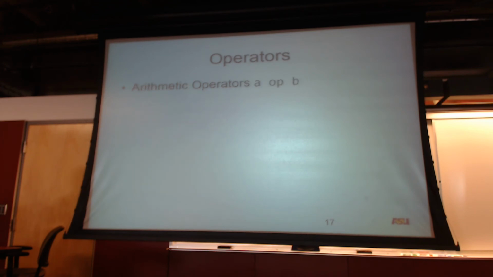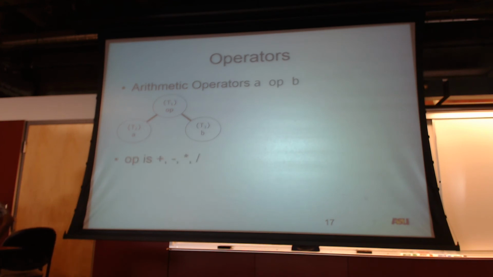Now what happens when OP is an arithmetic operator? So plus, minus, divide, multiply, those things. Again we represent them as trees. OP is the root, and A and B are the left and right children. Let's say initially we don't have any constraints on the type. So the return type of OP can be T1, that of A can be T2, and that of B can be T3.